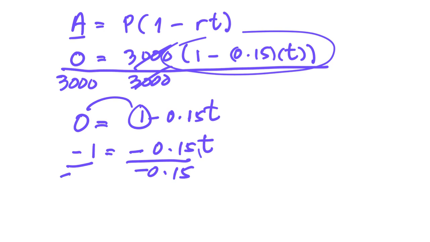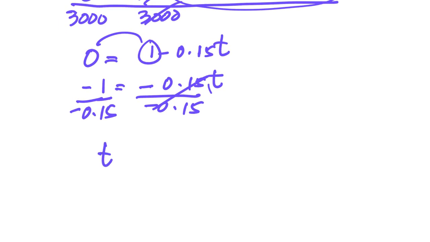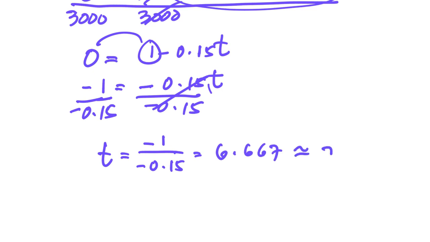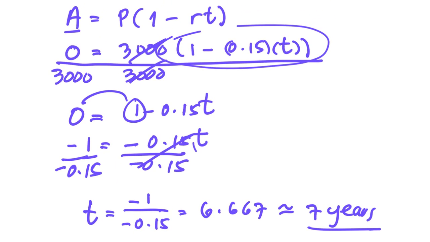Therefore, the time is going to be negative 1 divided by negative 0.15. A negative divided by a negative gives a positive, which is the same as 6.667, or simply around 7 years. So whichever method you use, it's going to be the same.